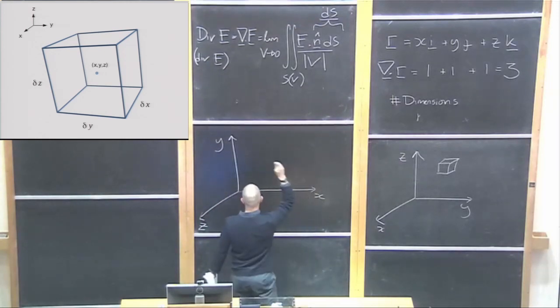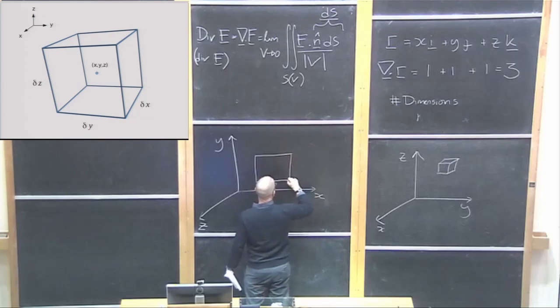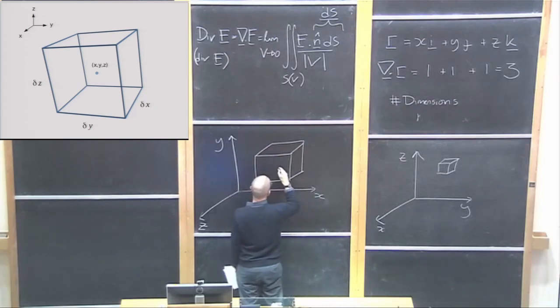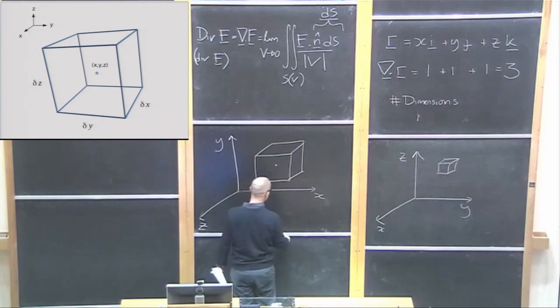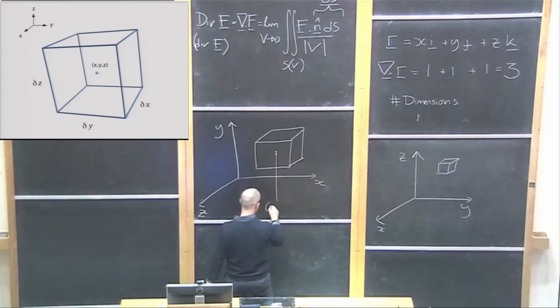Okay, so I have some Q, which is some volume in my coordinate system. And the centre of this cube is at coordinates x, y, z.